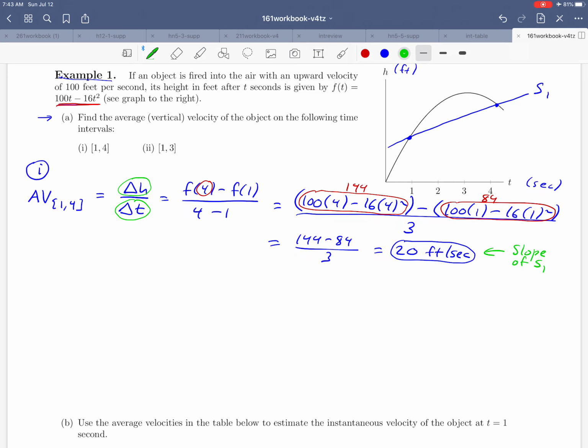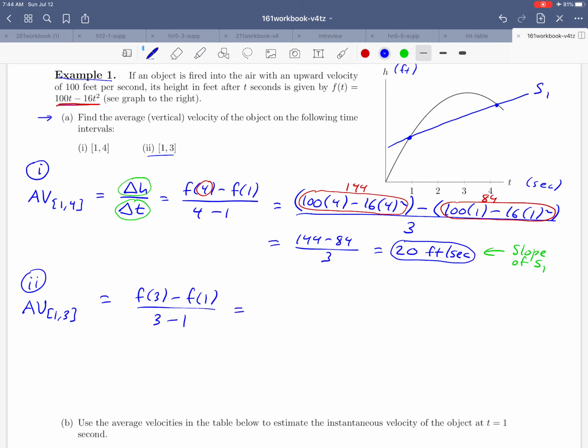So then we come to number 2, same idea, just we're talking about a different interval. So the average velocity between 1 and 3 would be the change in height over the change in time, which this time is f of 3 minus f of 1 over 3 minus 1.